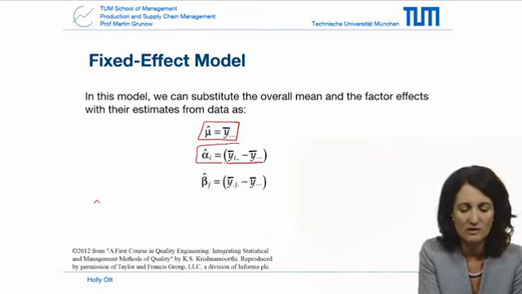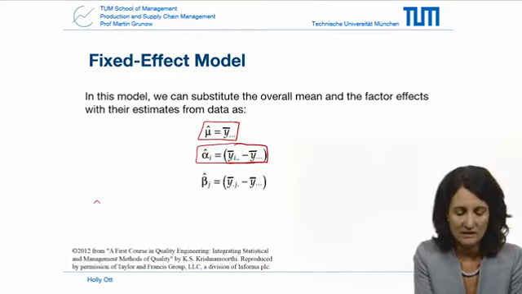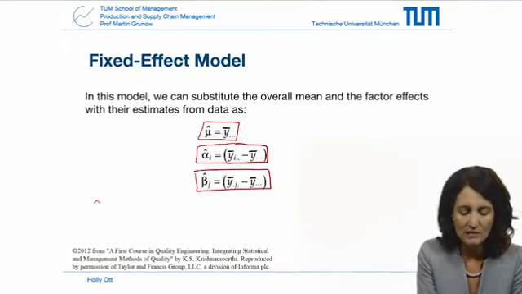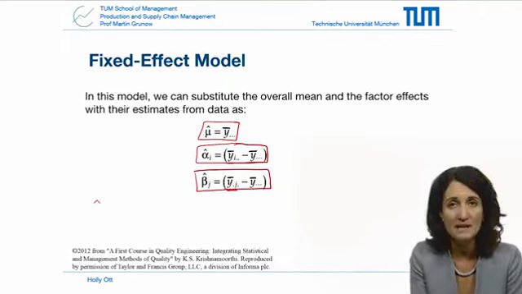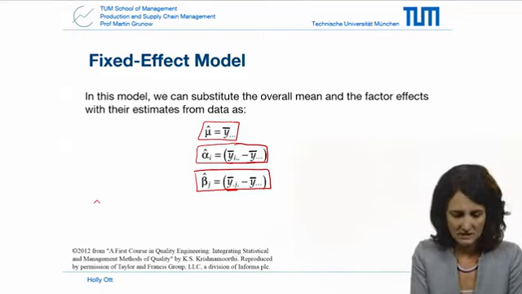So that's what we're going to use for alpha I. Then we have this effect due to factor B. And again, we look at the column average for every single B level minus the overall average. So that should make sense there.